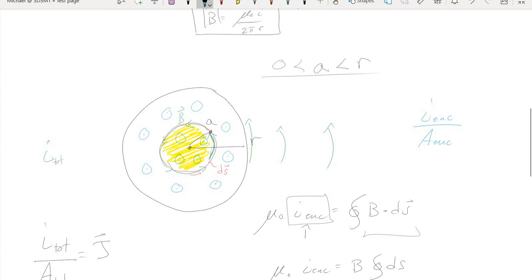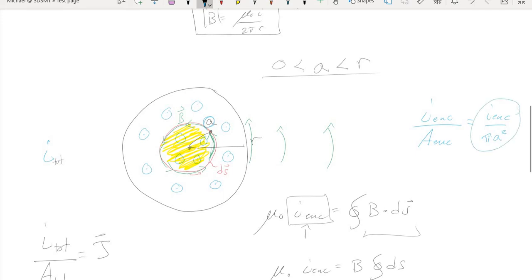The enclosed cross-sectional area is just the area of a circle with radius a. So our enclosed current is passing through a cross-sectional area of pi a squared.